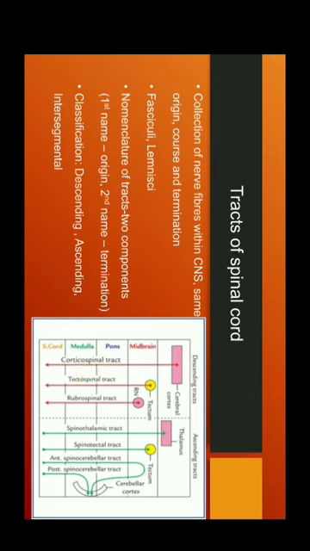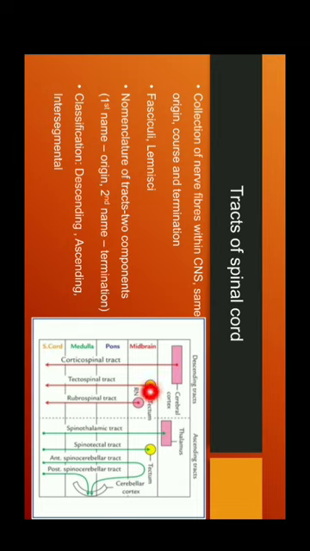The ascending tracts are the sensory tracts which ascend from the spinal cord above towards the cerebral cortex. Intersegmental tracts interconnect the segments, so they are the association fibers.